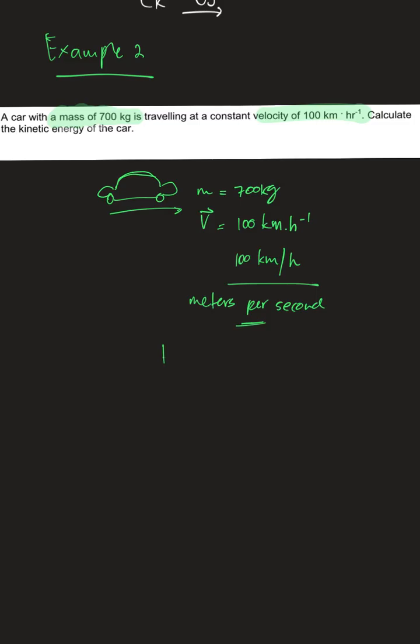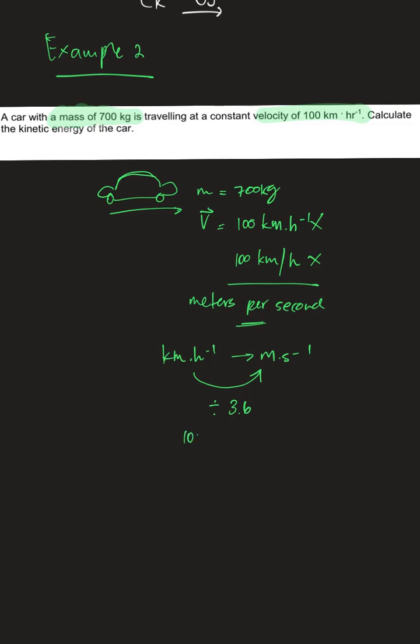So if I want to go from kilometers per hour to meters per second, I must divide by 3.6. So I can't use this value at all. I need to convert it.